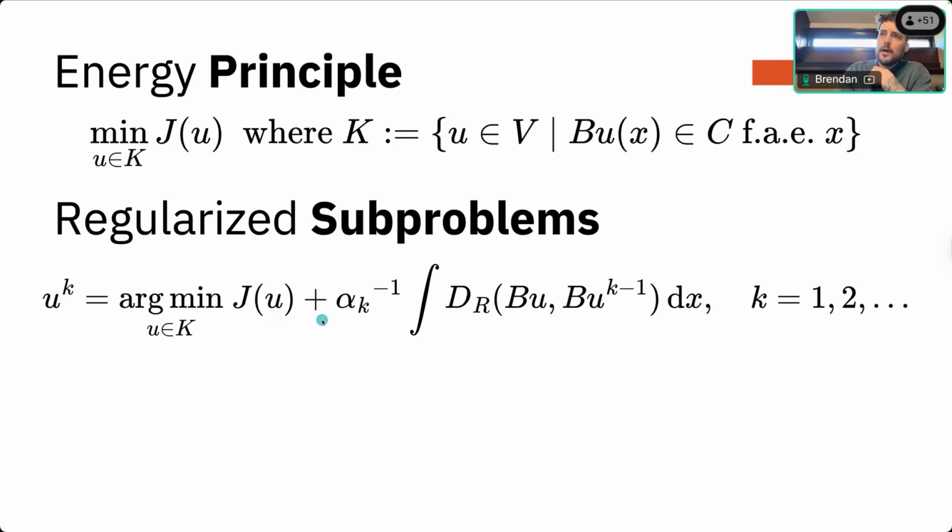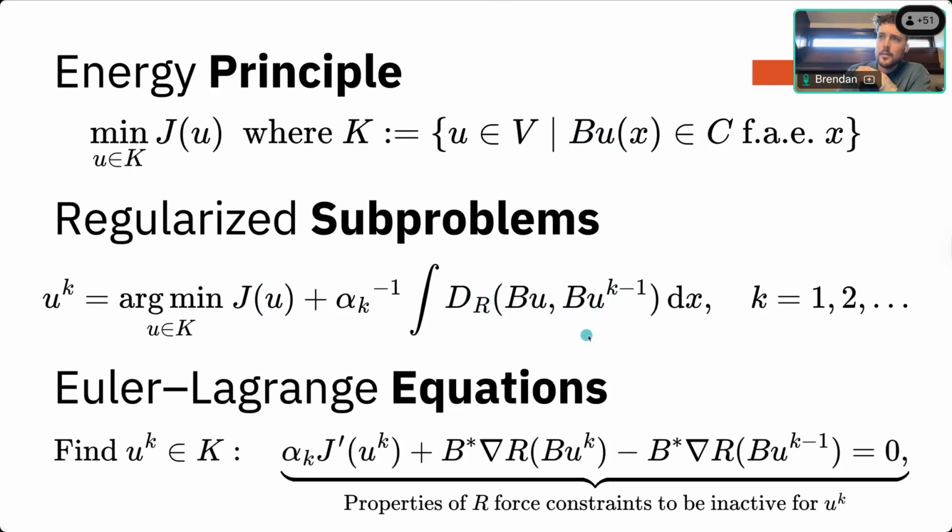You take your objective function, you penalize with the Bregman divergence, but now it's not a Bregman divergence necessarily on the argument, it's on this operator applied to the argument, which is called the observation map. So in obstacle problems, this operator is the identity, the gradient, and so on. And you minimize this regularized problem at each step.